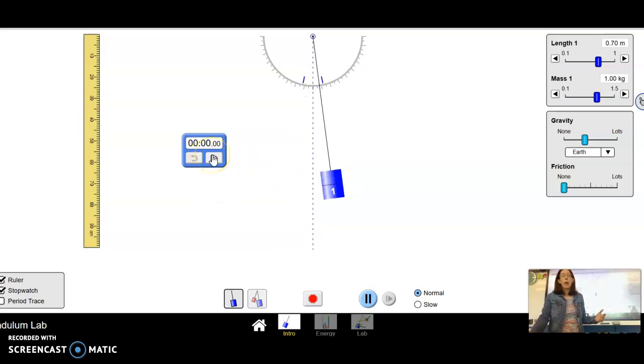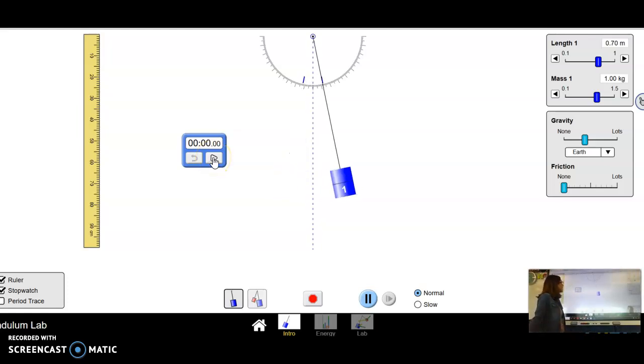So I'm going to press start on the stopwatch when it gets to the left side. Remember, a period is an over and a back. So I'm just going to try to count this out and do the best that I can here. So it's 1, 2, 3, 4, and 5.